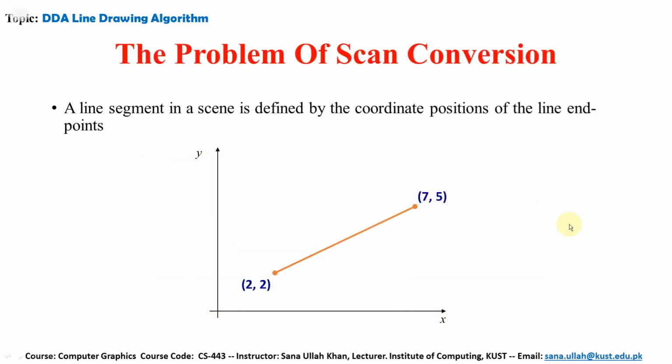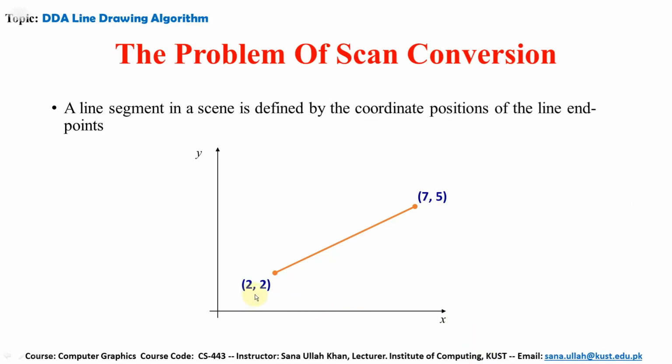So what is the main problem of scan conversion? If we draw a line on a page and then convert the same line to a computer or mobile screen, it will be displayed in the form of x and y coordinates, also known as pixels. Let's suppose this is the line.